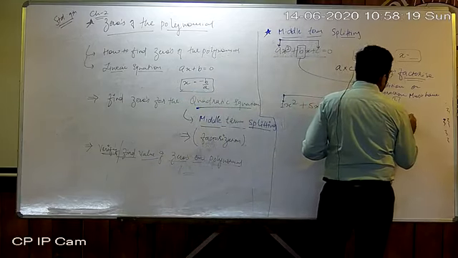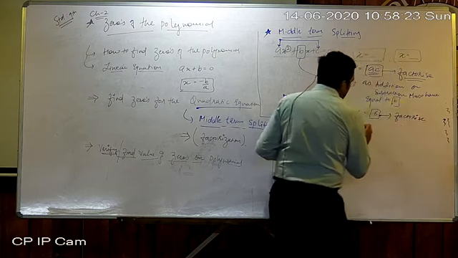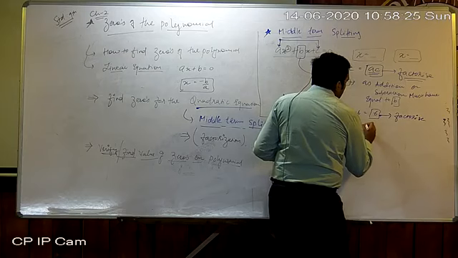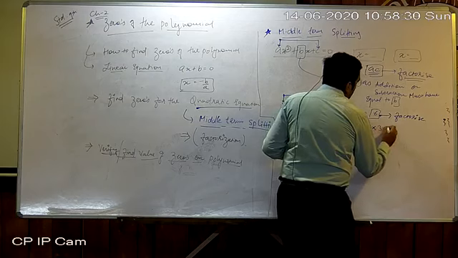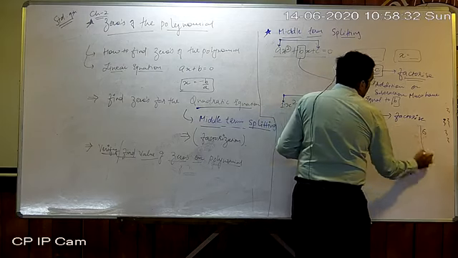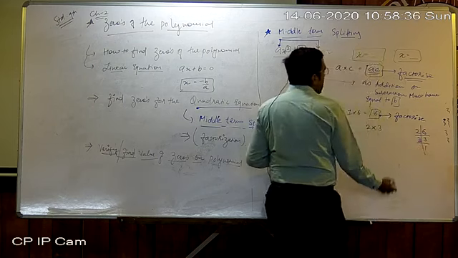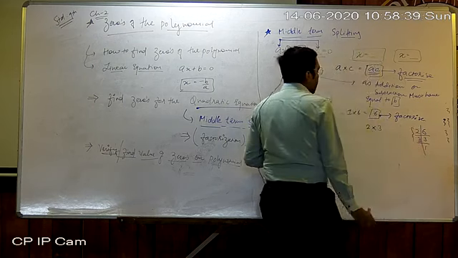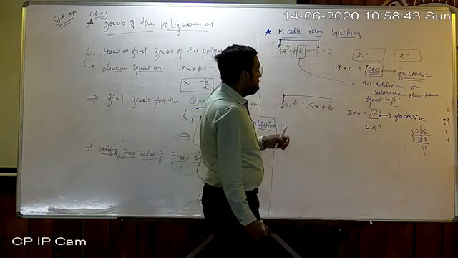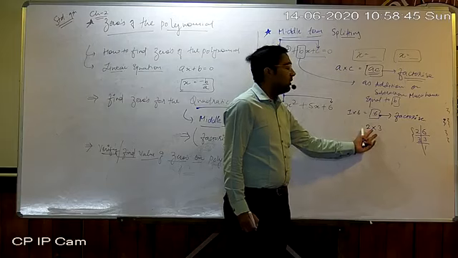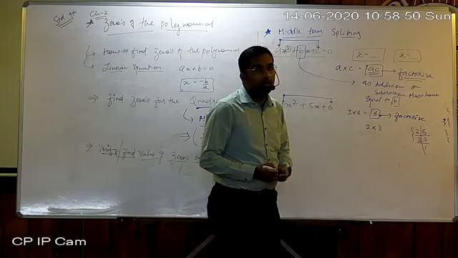Now I will factorize the 6. When I factorize 6, the prime factors are 2 into 3, and 3 ones are 3. Okay. So my numbers are 2 and 3. Now you have to check that in the factorization there are two numbers available.